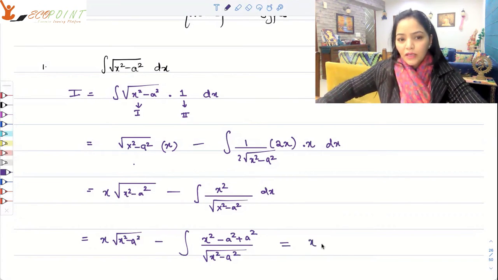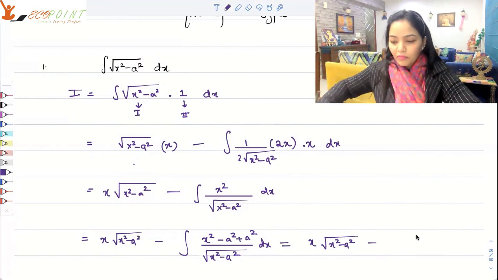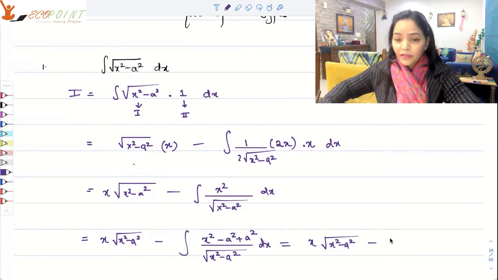So this gives me x into square root of x square minus a square minus, so you have x square minus a square. You can just break it up, of course. So you can break it up as x square minus a square in one integral divided by square root of x square minus a square. If you divide the whole thing with its square root, then a square root will be left in the numerator.